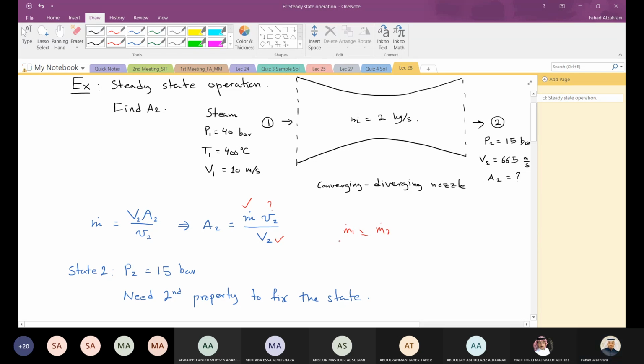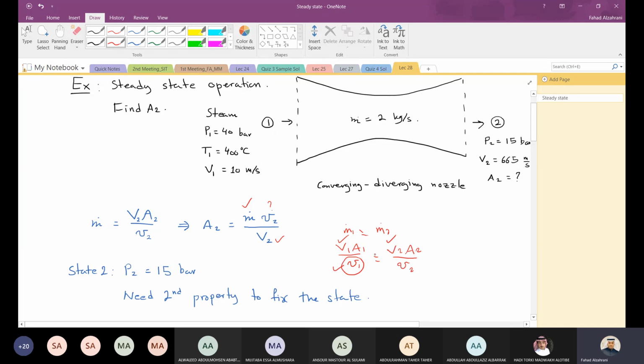So I have V1 A1 over v1 equals V2 A2 over v2. So I have V1, I have V2, so I'm missing this one, but I can't find it. Why? Because I have P1 and T1.